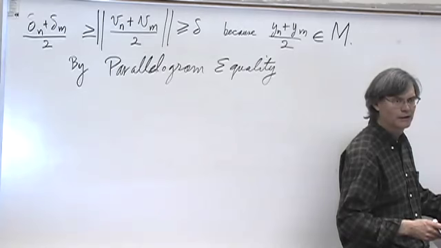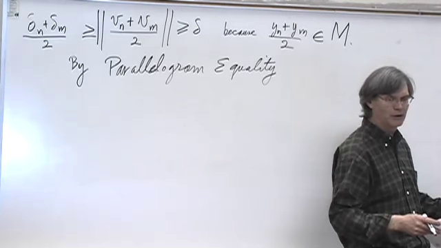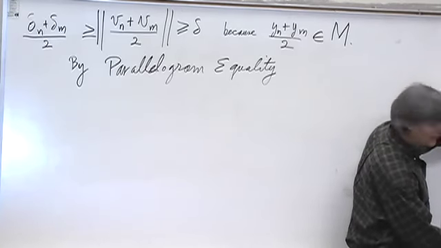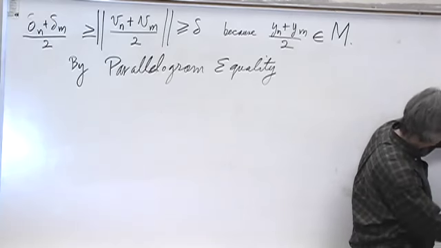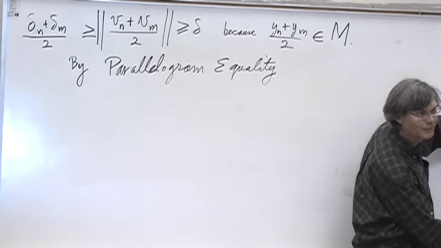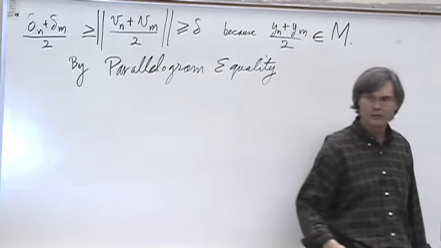So 4 delta squared is one side of the parallelogram equality. The other side has to be this diagonal squared plus this diagonal squared. This diagonal squared is about 2 delta, the quantity squared, which is the 4 delta squared already used up. Therefore, this other diagonal has to be 0, essentially.